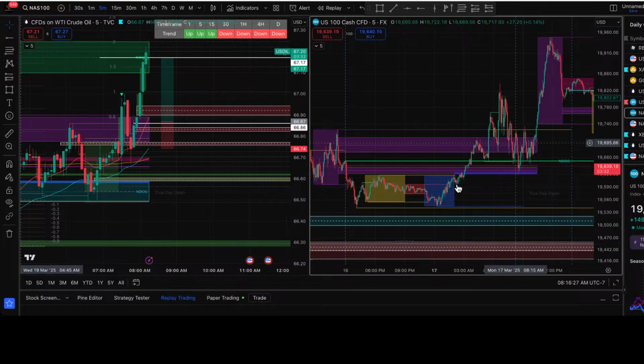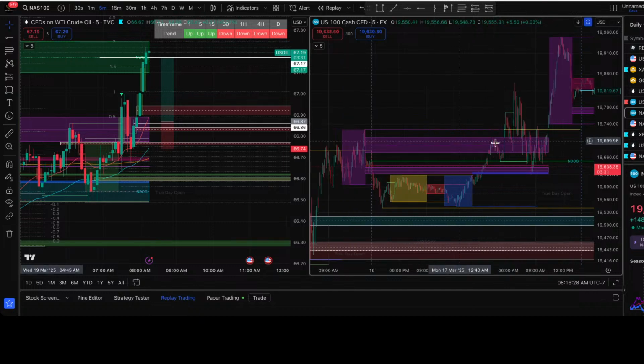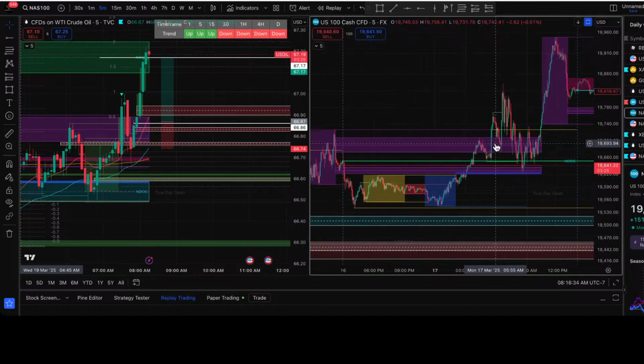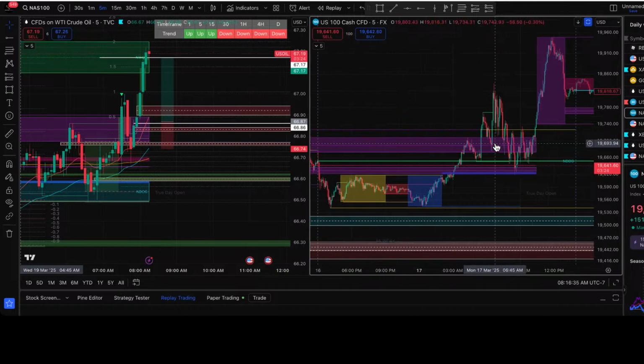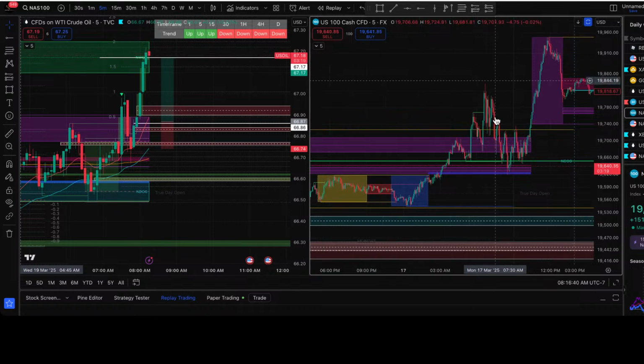So yeah, we had a buy model, manipulated up first. Again, when the market manipulates in the direction of our bias, we wait for a retracement back to our key levels. That's exactly what happened. There was the bottom, by the way. You can see the bottom of the manipulation zone is sitting right in the NWOG, this green line.